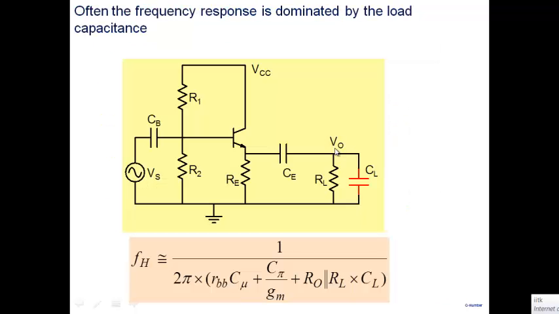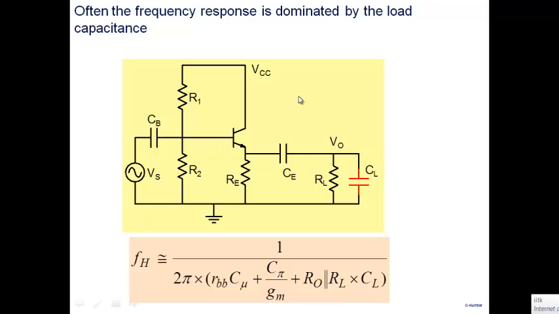All right. One other interesting thing related to upper cutoff frequency is when you're driving a load, whatever RL, CL, whatever is there, the load, when it looks at the common collector amplifier from here, it of course sees a voltage which it is receiving, but it also sees an output resistance, right?